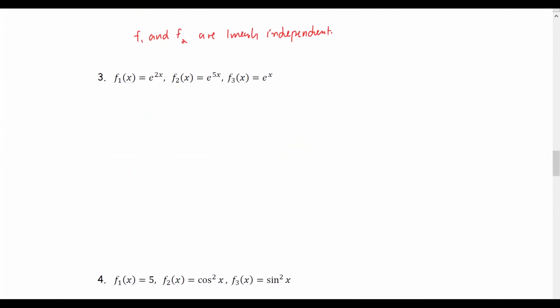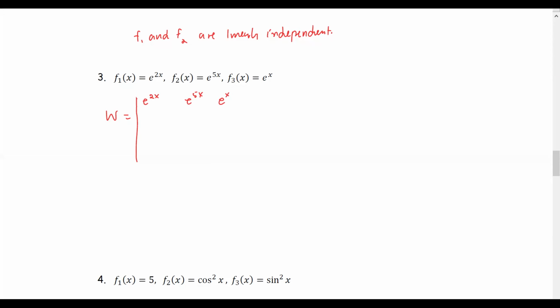Example 3. f1 is e to the 2x, f2 is e to the 5x, f3 is e to the x. This time we have three functions. Form the Wronskian W, the determinant of the 3 by 3 matrix. The first row is the functions f1, f2, and f3.